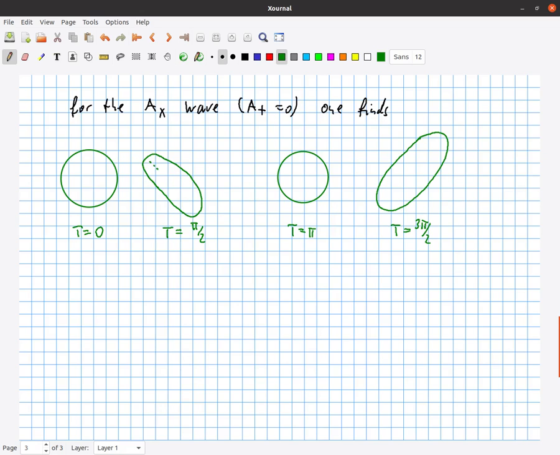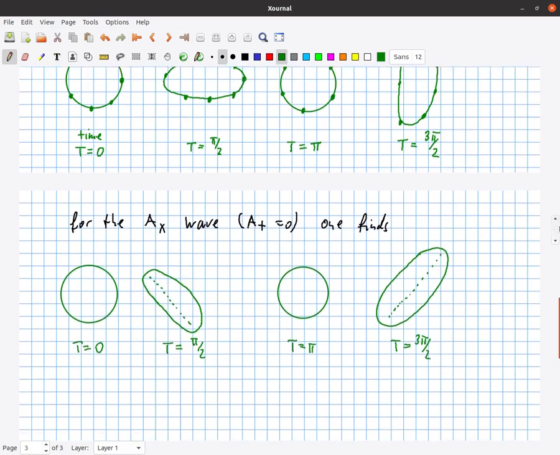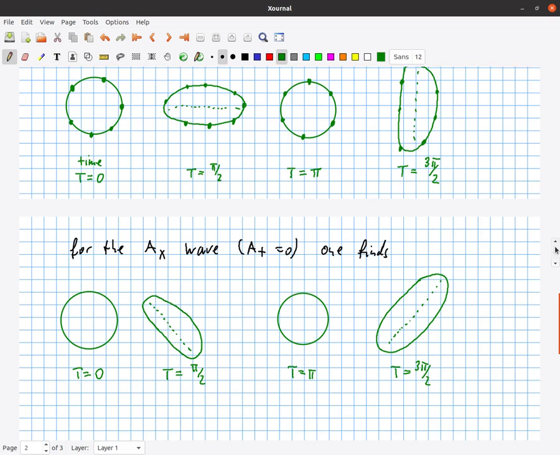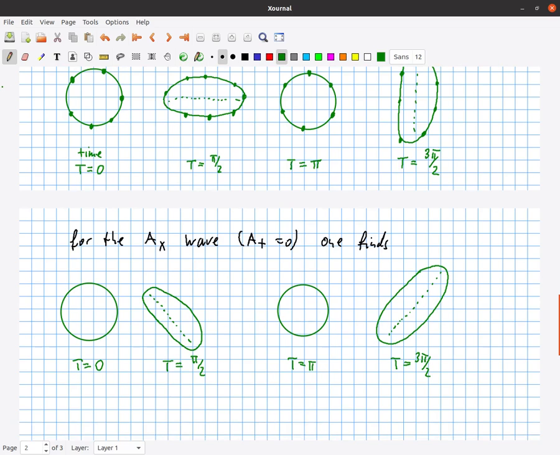And what I want you to look at here is the relative orientation of the ellipses in the two cases. And you see that the solution is a rotation. They're both related by a simple rotation.